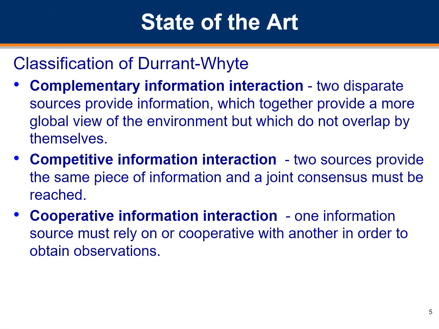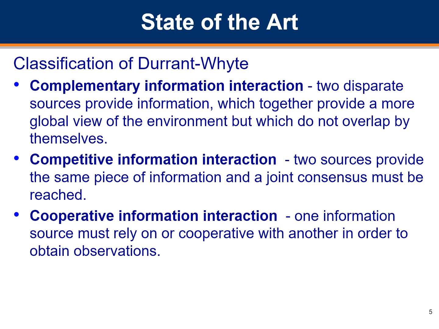Sensors are a key element of a sensor fusion system, which provides the information needed to achieve the goal of data fusion. Looking for a unified description of sensor capabilities in a multi-sensor system, Durrant-Whyte outlines three basic types of information interactions: complementary, competitive, and cooperative.